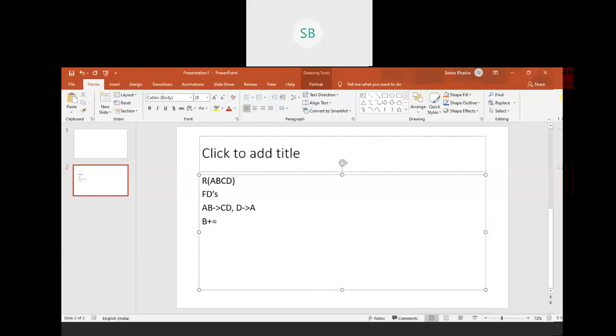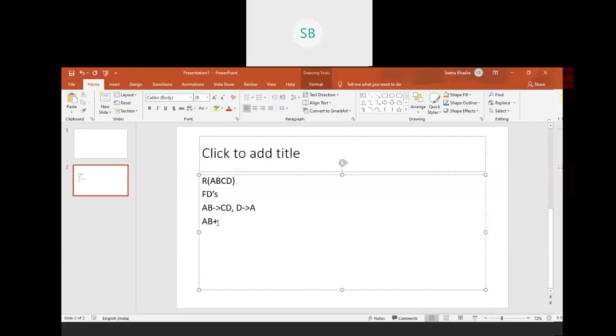Now let's check AB closure. I'm writing the plus here, but when you write it in theory, the closure will be a superscript. Since I'm not getting the option here for superscript, that is why I'm writing it this way.